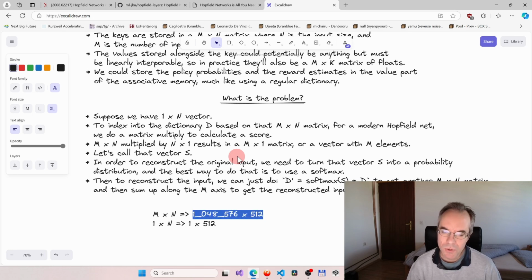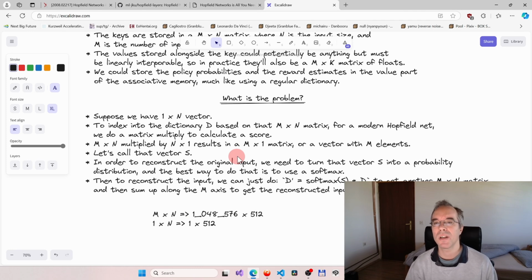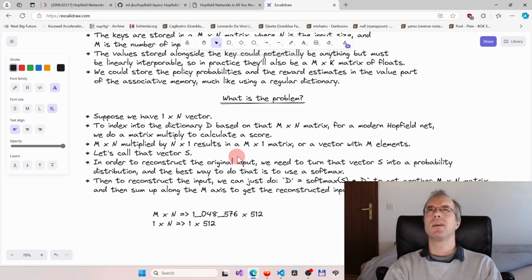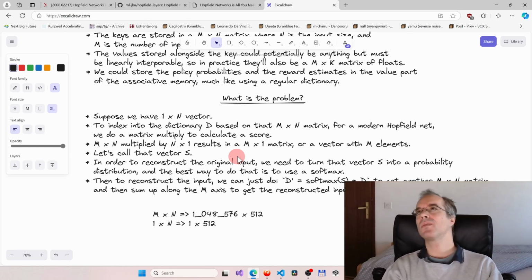If you have any familiarity with feed-forward neural networks, you know that we don't use such large layers because they take long to calculate. If we have a feed-forward layer with an output size of something like 2000, that would be considered to be a large layer. And here we have literally a million.